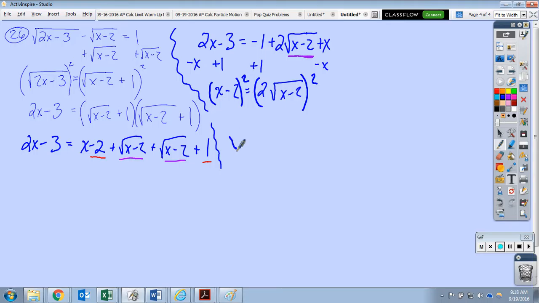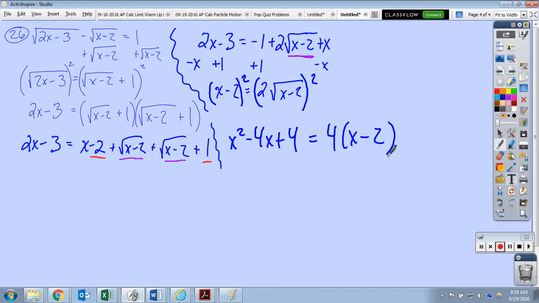If you FOIL the left-hand side, you'd have x squared minus 4x plus 4 is equal to 4 times x minus 2. Again, I'm doing a shortcut. If you still don't get the shortcut, which I understand, just do it the long way.